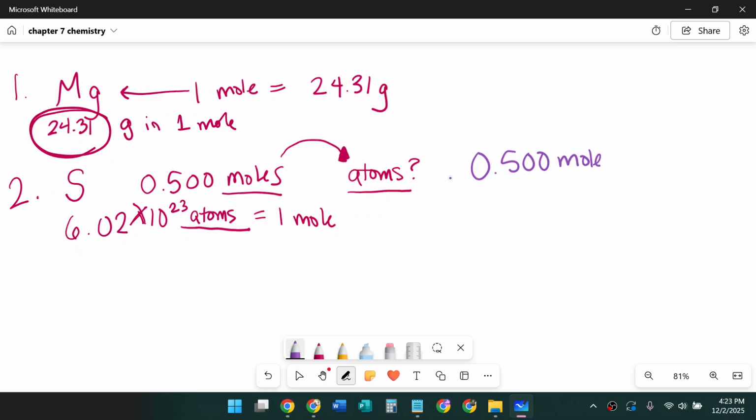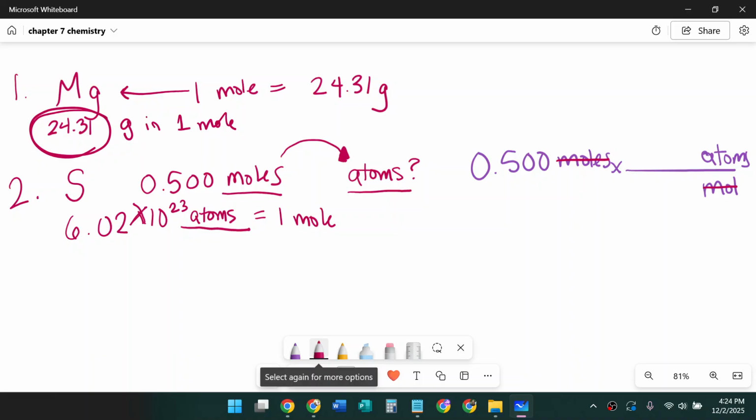I'm going to write moles. I'm going to multiply it by something. This fraction is going to equal 1. I'm going to have moles on top and atoms on bottom, because moles is what I want to get rid of and atoms is what I want to keep. By putting it like this, I'll be able to cancel out the moles because that's how fractions work, and I'll be left with atoms.